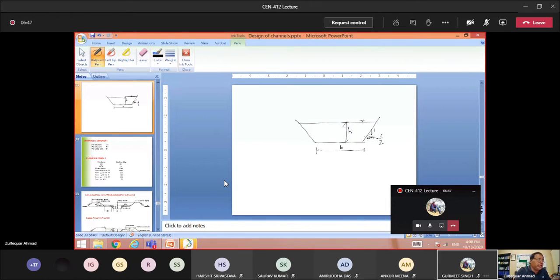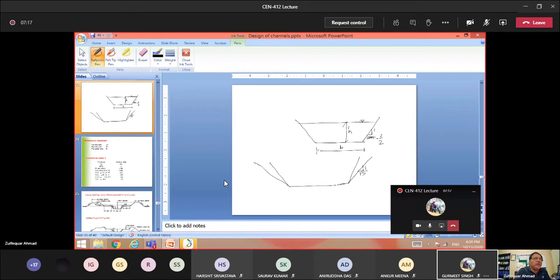Although this is the section attained by the flowing water, at the time of construction you have to provide a different slope. If this is in cutting, you may have a 1:1 slope. If this is in filling, you may have a 1:1.5 slope.